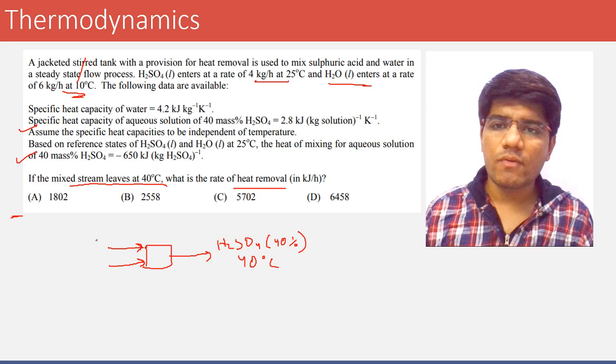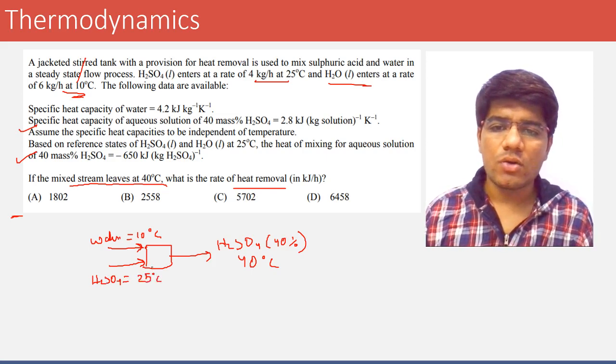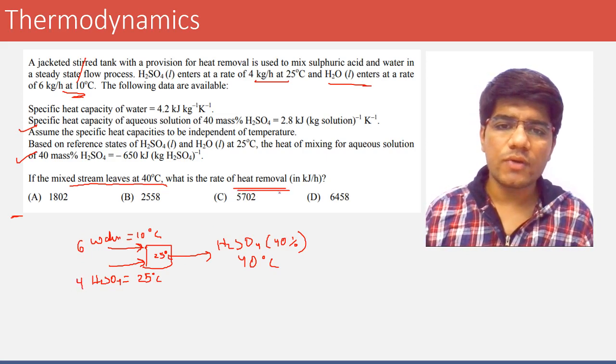The temperature of water is 10 degrees Celsius, and the temperature of sulfuric acid is 25 degrees Celsius. Now this mixing is occurring at 25 degrees Celsius. Here the water flow rate is given as 6 and the H2SO4 flow rate is given as 4. So now we need to find the rate of heat removal.